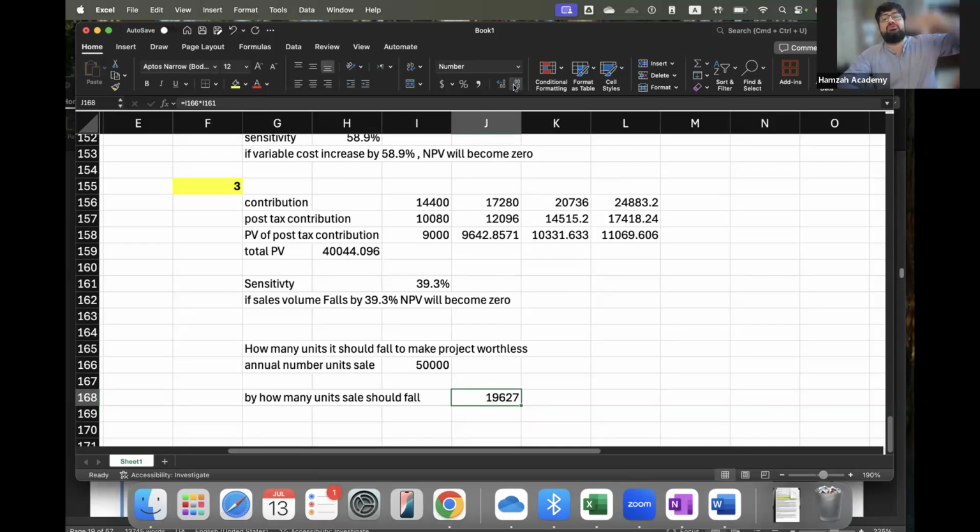By this number of units sales fall, NPV will become 0. You can see. By this number of units, the sale should fall to make NPV 0.